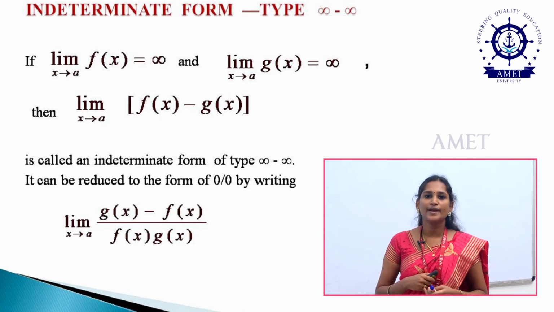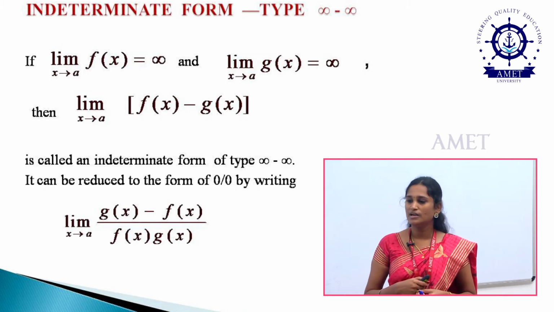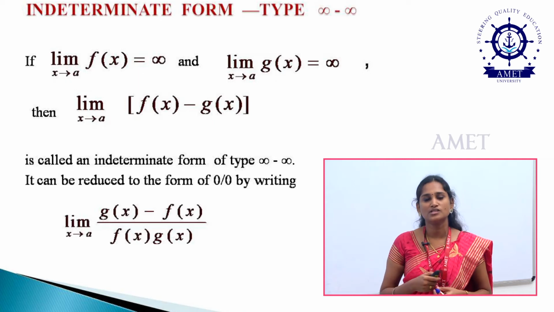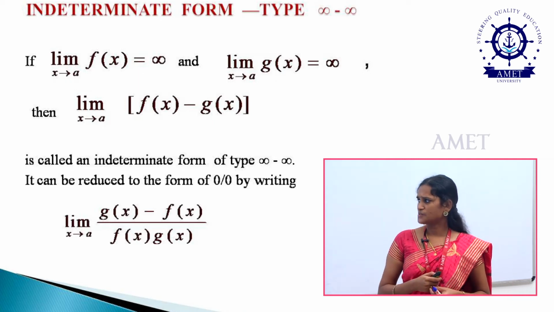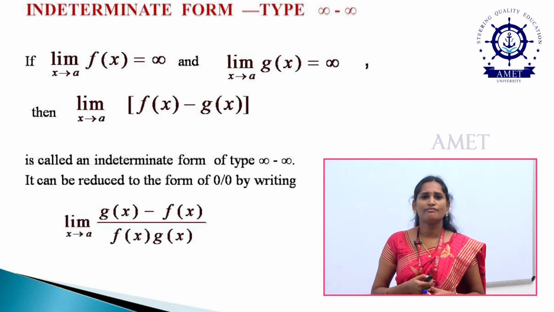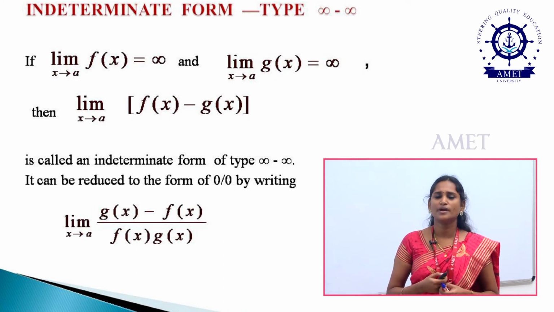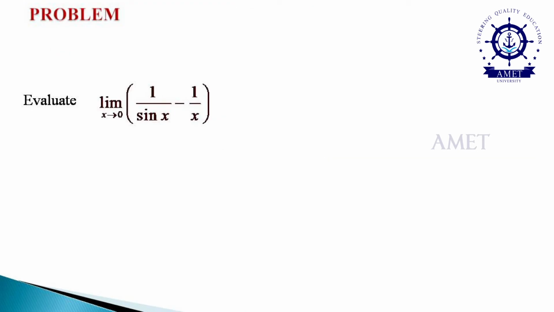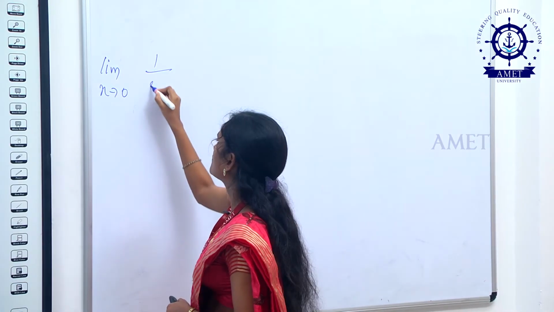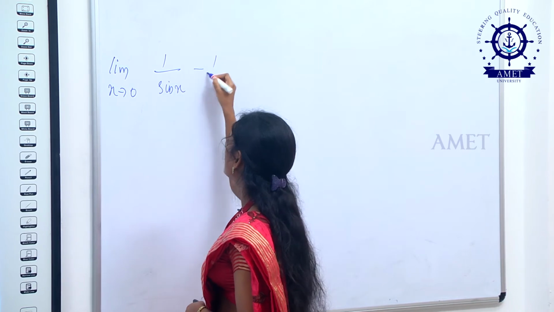How do we reduce it to 0 by 0? The original expression can be rewritten as g(x) minus f(x) divided by f(x) into g(x), that is, take the LCM of the two functions and simplify.